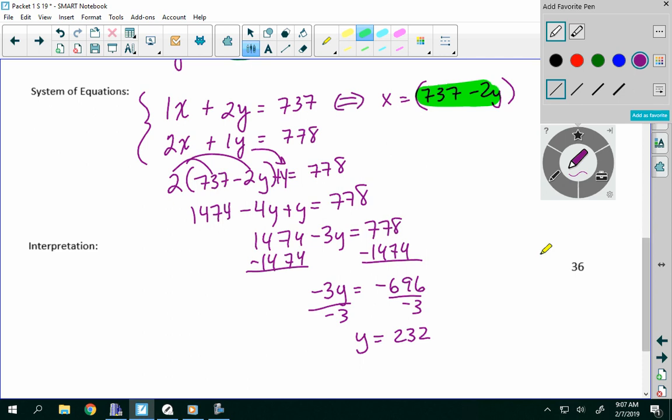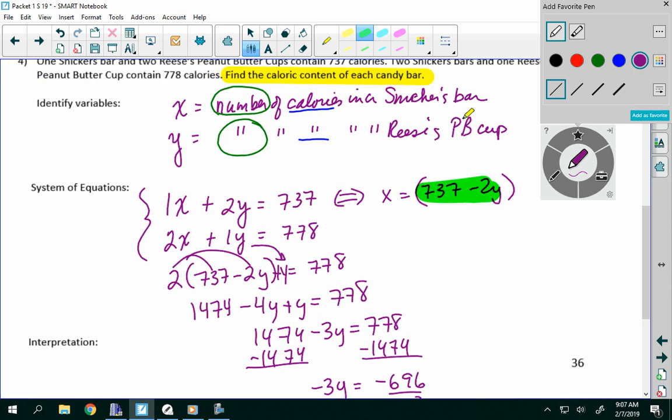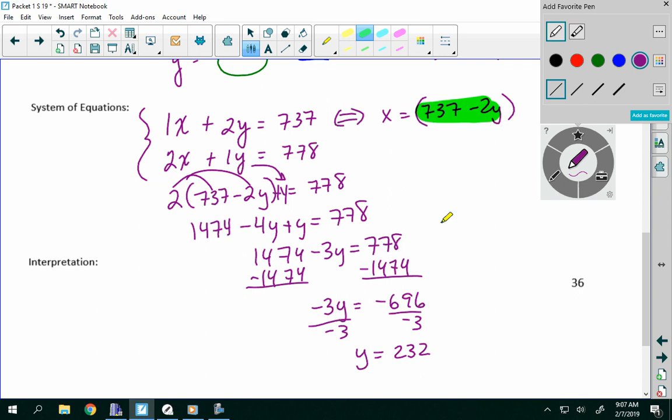So let's go back and see what y was. Y was the number of calories in a single Reese's peanut butter cup. And my question, or my statement, said find the caloric content of each candy bar. So I go back to one of my original equations. Let's take this first one here. So we had x plus 2y equals 737.